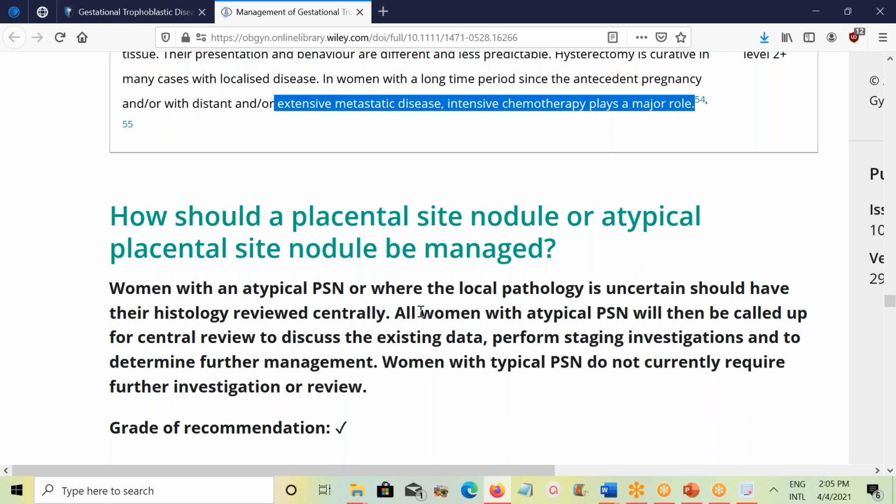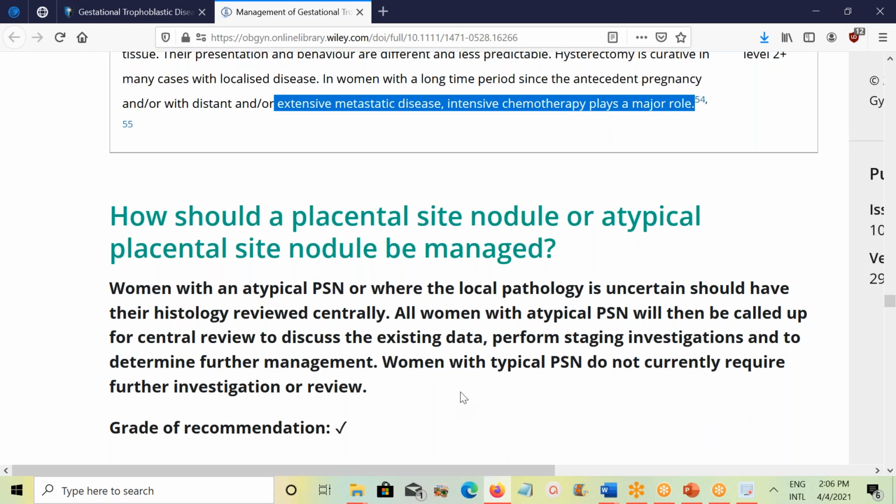All women with this atypical placental site nodule will be called up for the central review to discuss the existing data, perform staging investigations, and determine further management. So, multidisciplinary team review where they have this atypical one.